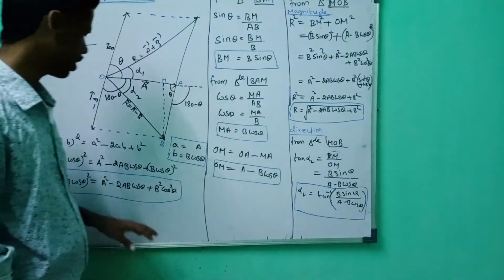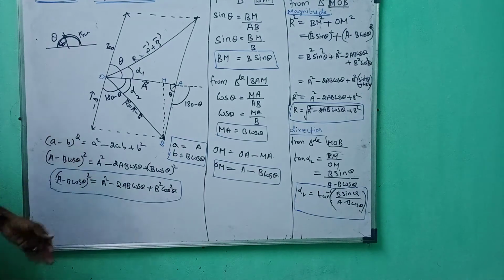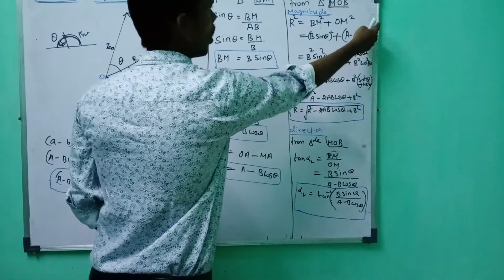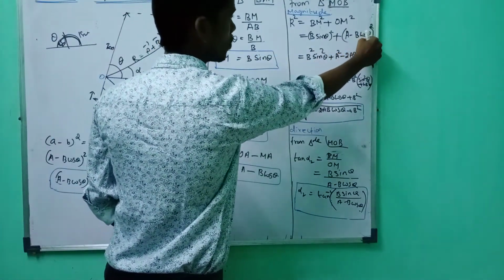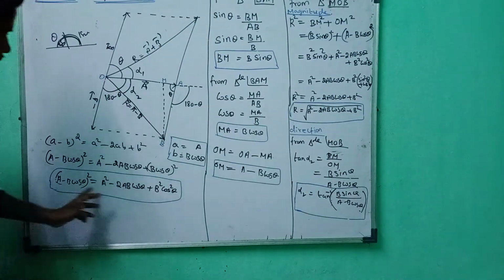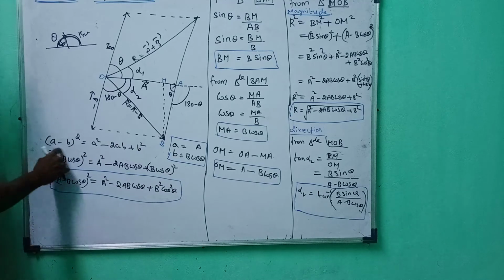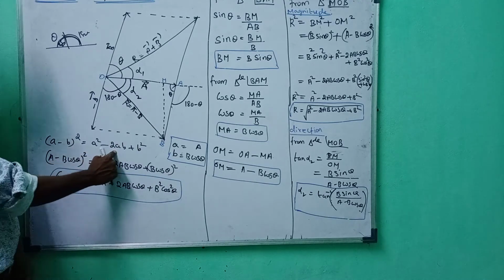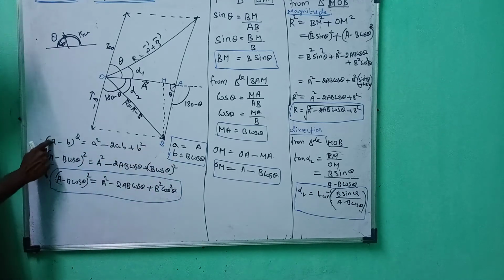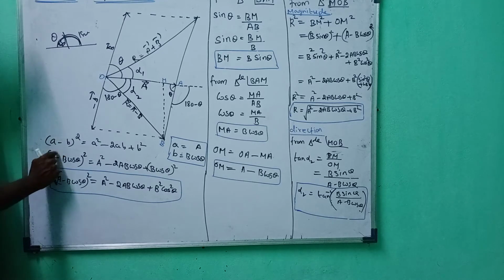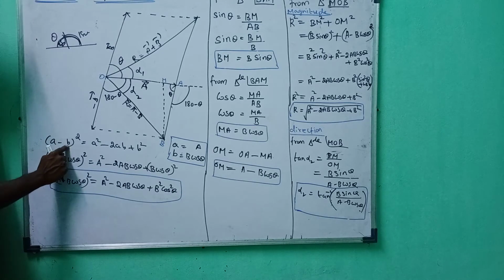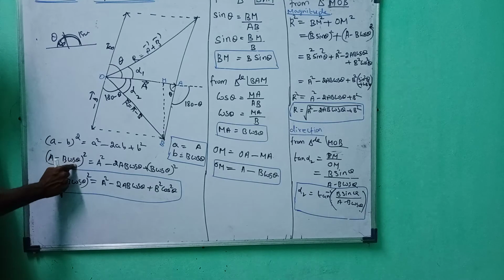It is very important. Simply here I have written A minus B cos theta the whole square, it becomes like this. I have applied this for your better understanding. A minus B the whole square equals A square minus 2AB plus B square. Instead of A we have to substitute capital A, and instead of B we have to write B cos theta the whole square.